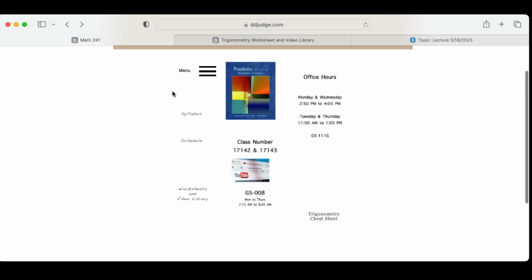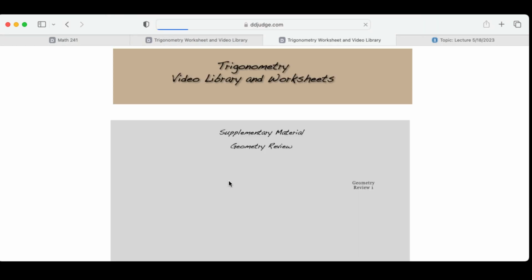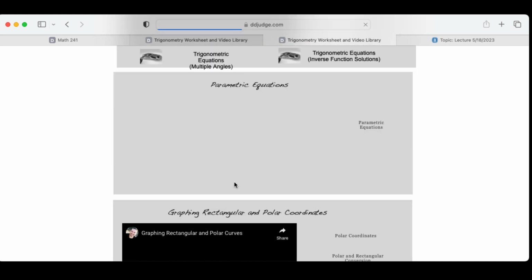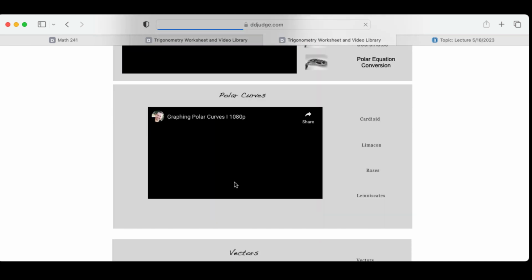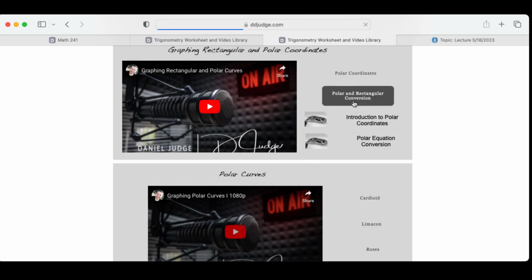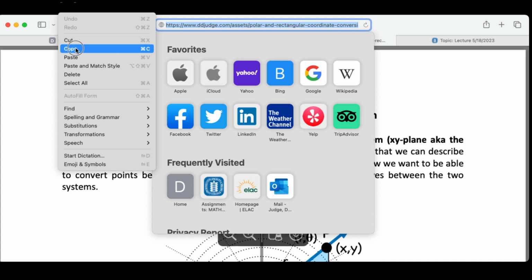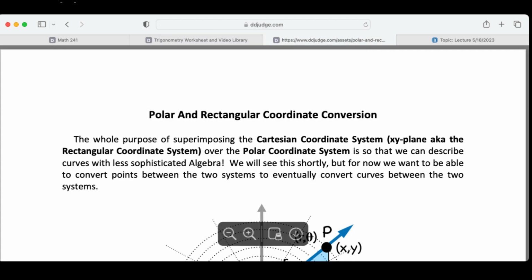Now if we go to our worksheet, video and library, we head to Polar Coordinate and Conversion here. Let's put that in the chat. So we want to be able to convert, believe it or not.